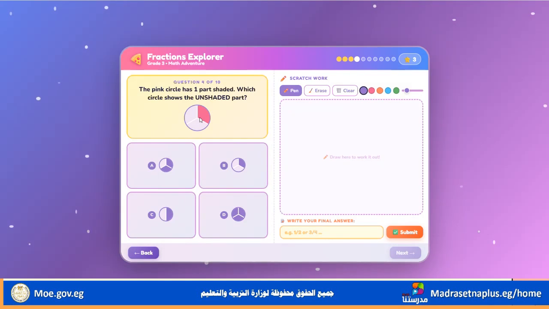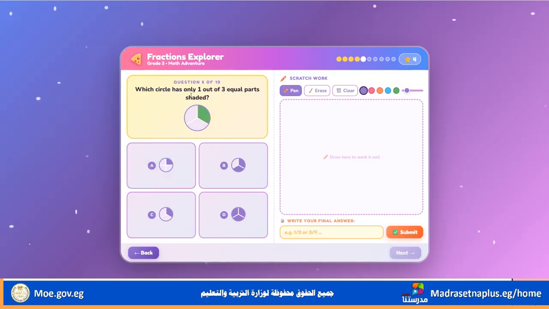One part, unshaded part. That one? Yes, that one. Why is this one right? This is with a shaded part, this is with an unshaded part. You should read the question carefully. If you don't read it carefully, you will fall into mistakes.